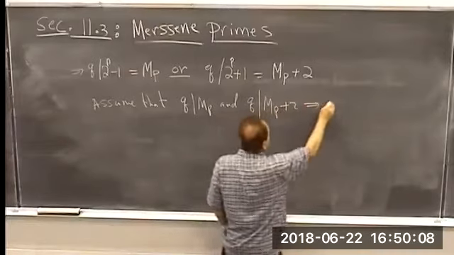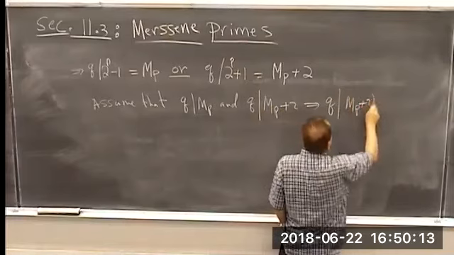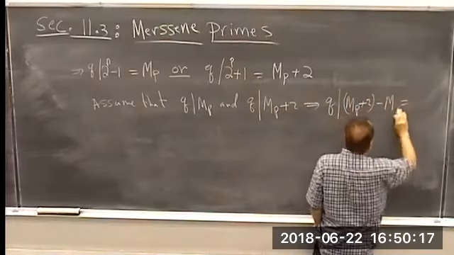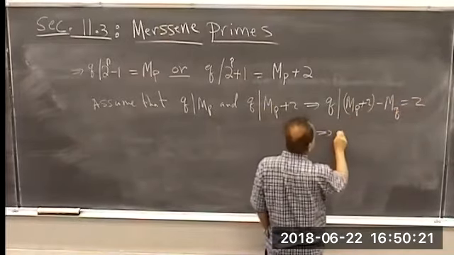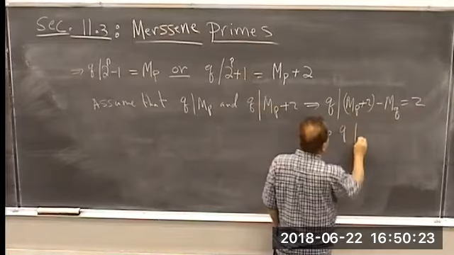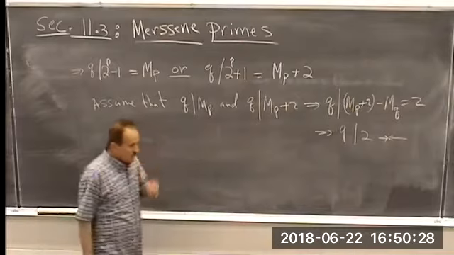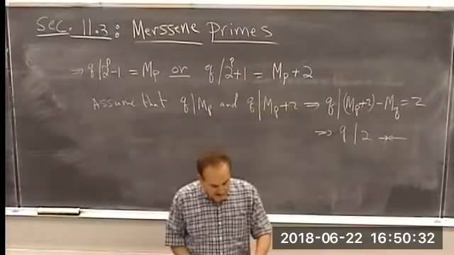So this implies that Q divides a combination of these, which is the first one minus the second, and this is equal to 2, which leads to a contradiction, because Q is odd, right? All right.